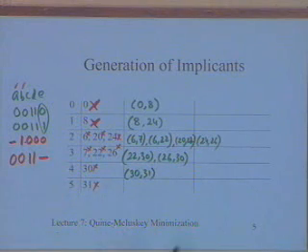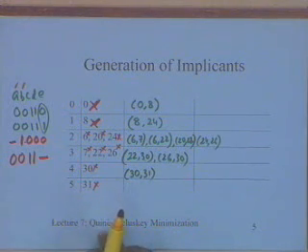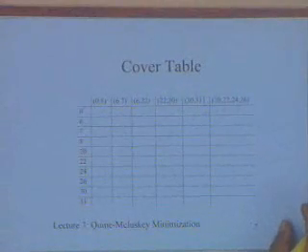Now I will generate a cover table. A cover table is something which is going to contain all the prime implicants. Okay, the notes I looked at have a mistake over here, so we have to modify that.